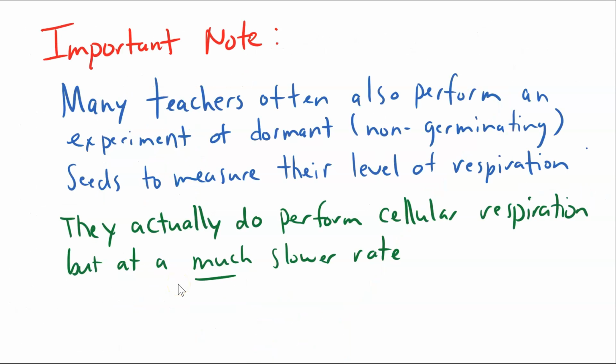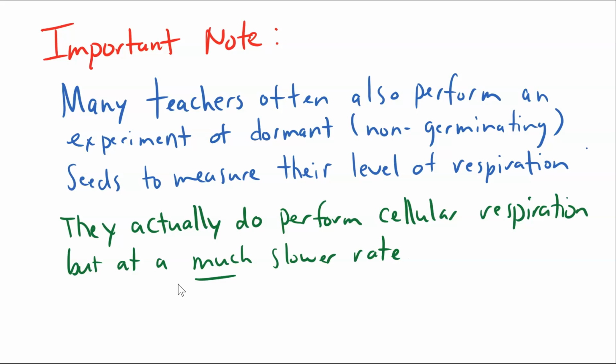Okay, so an important note here too, a lot of times teachers will run 6 vials side by side, 2 controls, 2 germinated P's, 1 at 25, 1 at 10, and then some non-germinating P's, some dormant P's at 25 and 10. I've removed that from this video.